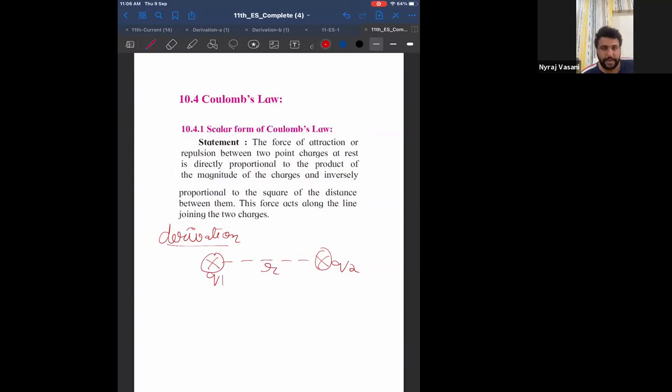Below that diagram write down: Consider 2 point charges Q1 and Q2 separated by a distance small letter r.